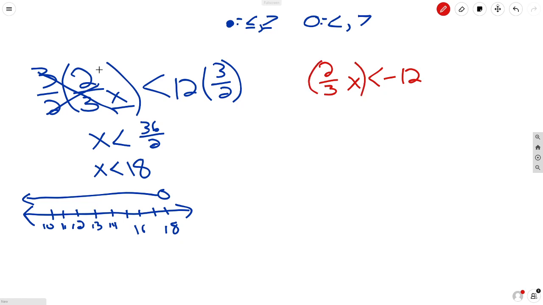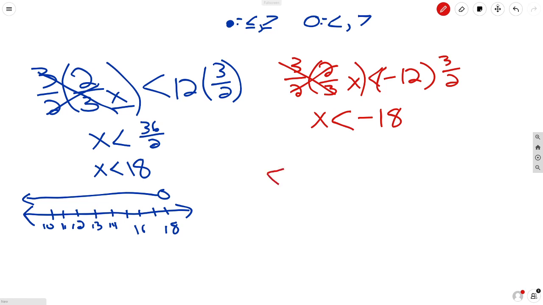We're going to multiply by the reciprocal to get rid of the fraction. Again, we have x is less than, but this time negative 18. Because negative 12 times 3 is negative 36 over 2. Negative 36 over 2 is negative 18.